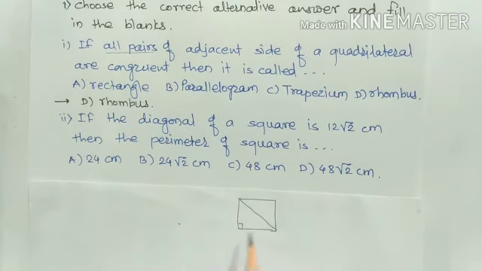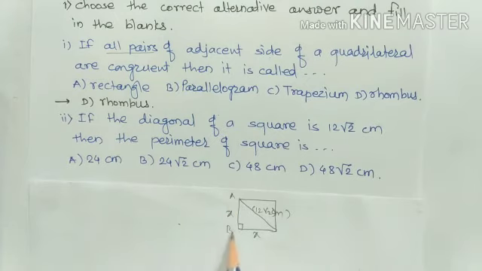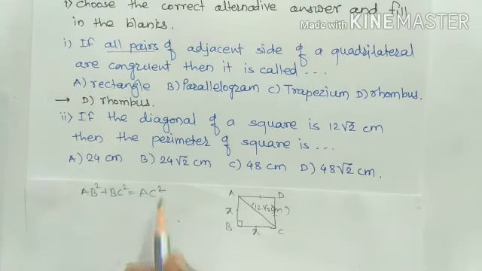Suppose this is the given square. Here each angle is 90 degrees and the length of each side, suppose it is x. Here the length of the diagonal is given, which is 12 root 2 centimeter. So this is quadrilateral square ABCD. Here in triangle ABC, angle ABC equals 90 degrees because each angle of a square is 90 degrees, and therefore AB square plus BC square equals AC square by Pythagoras theorem.